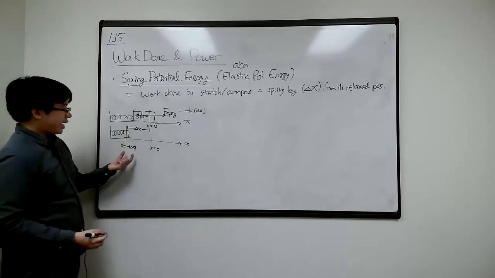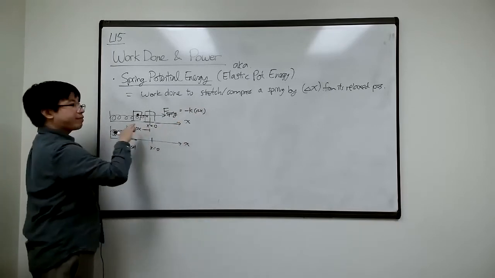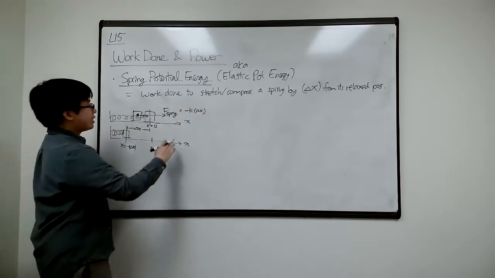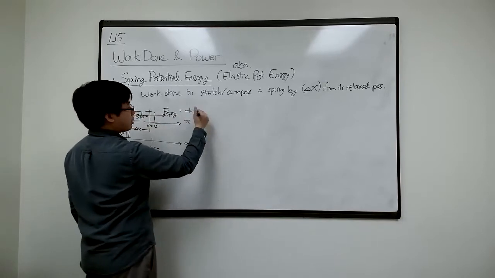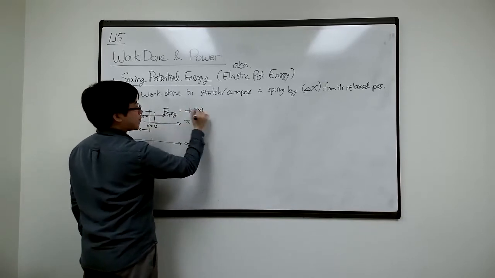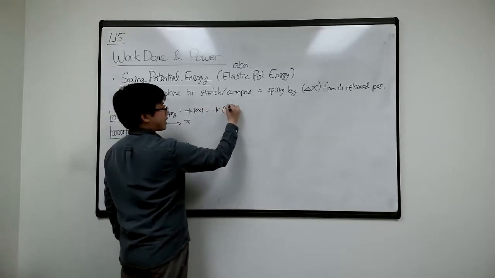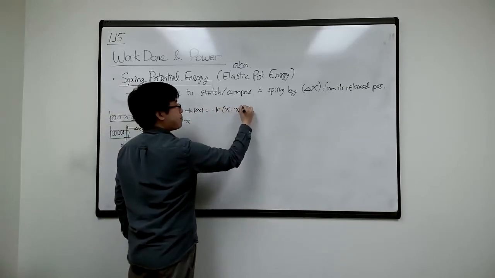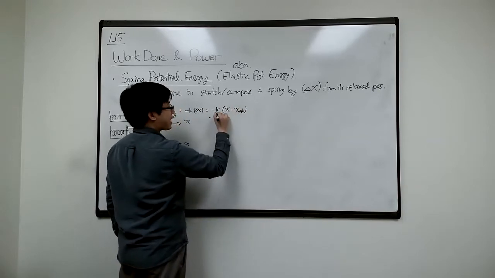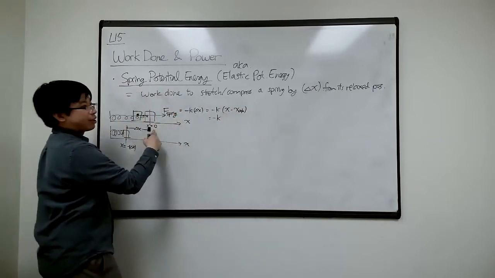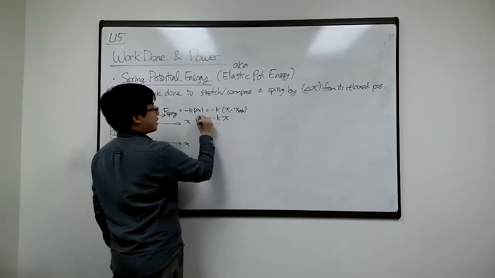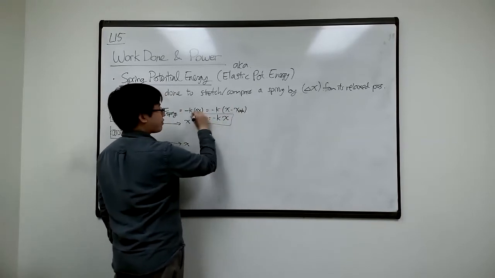As delta x is negative, it's pushing towards the positive way. At any point, that's x minus x equilibrium, or x relaxed, and x equilibrium is 0. So it's just minus kx. This is the force of the spring.